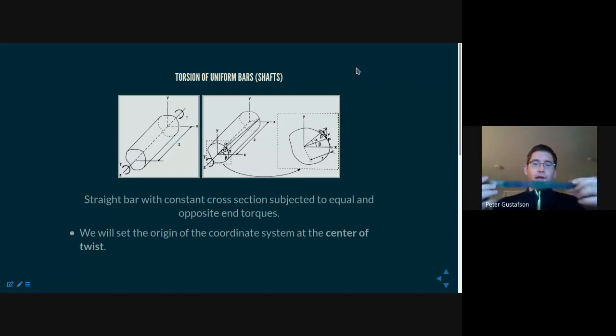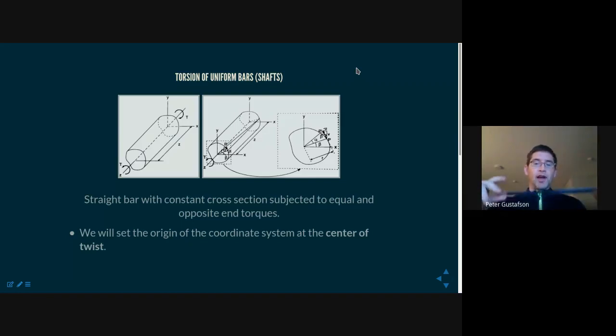So the idea here is it's straight. When I say straight, we're talking about the reference line connecting our cross-sections, so along the long axis of the beam.